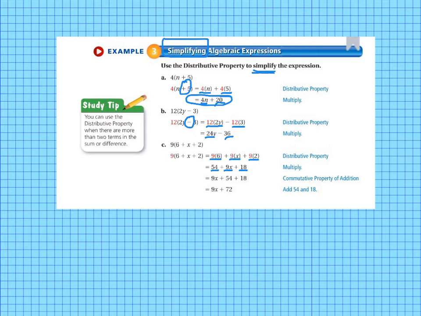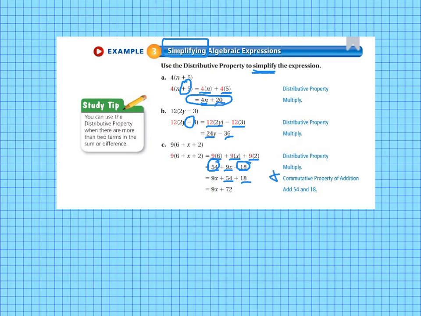Then we want to add together the things that have the same variable, which we call like terms. In this case, we have 2 things that have no variable after them, which means that they are constants: 54 and 18. We can add those together.